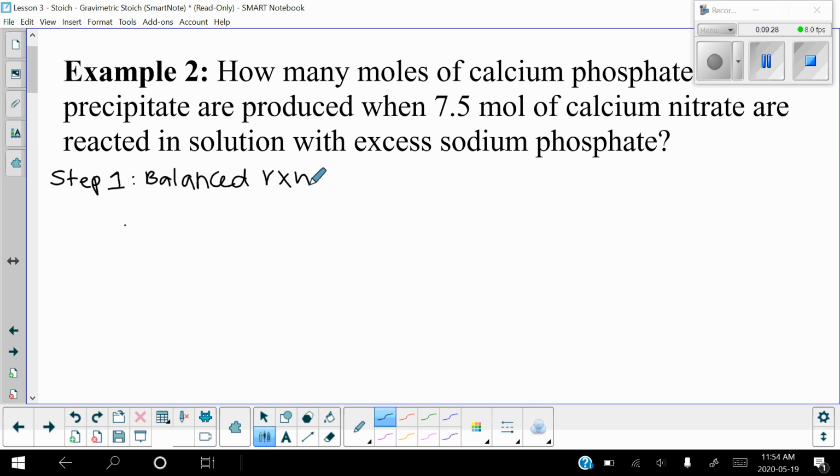So we are having calcium nitrate reacted with sodium phosphate.